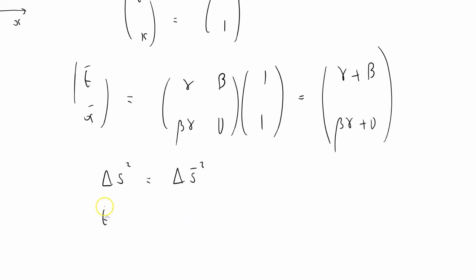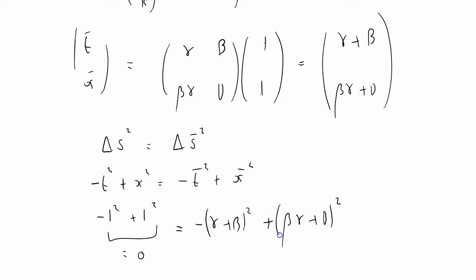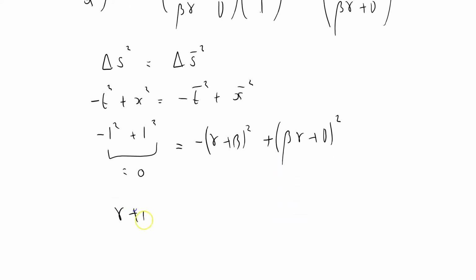So that tells me that minus t squared plus x squared equals minus t bar squared plus x bar squared. So minus 1 squared plus 1 squared, which is of course equal to 0, equals minus t bar squared, gamma plus b squared, so it's minus that, plus beta gamma plus d all squared. So gamma plus b squared equals beta gamma plus d all squared.